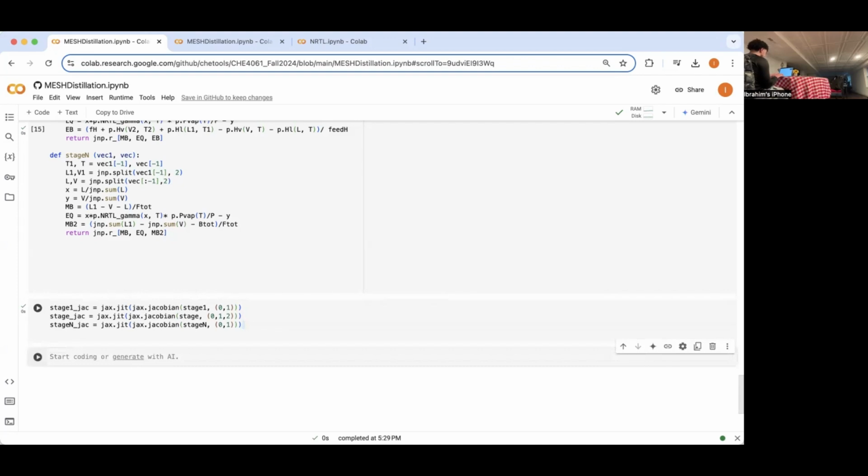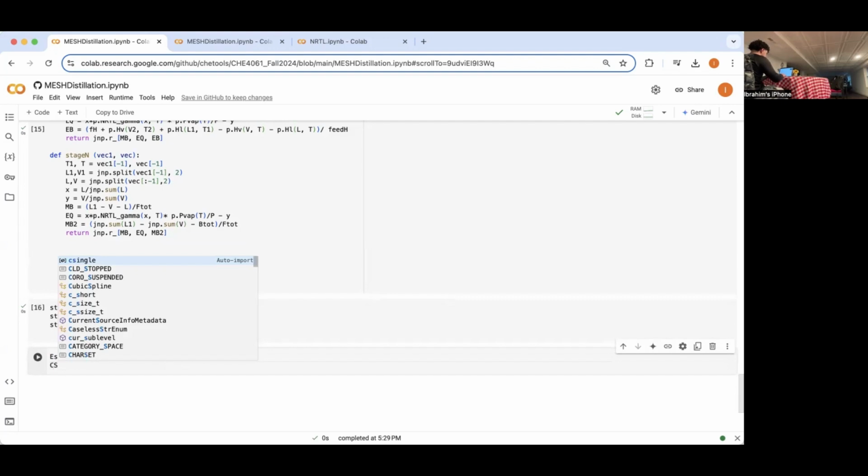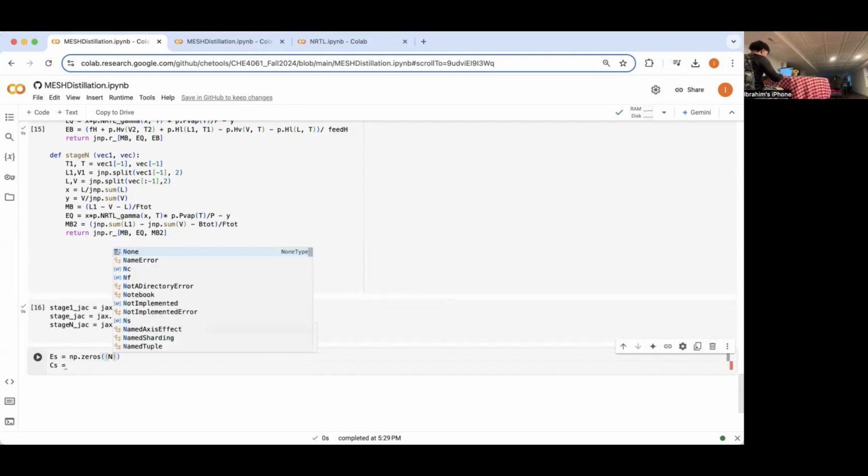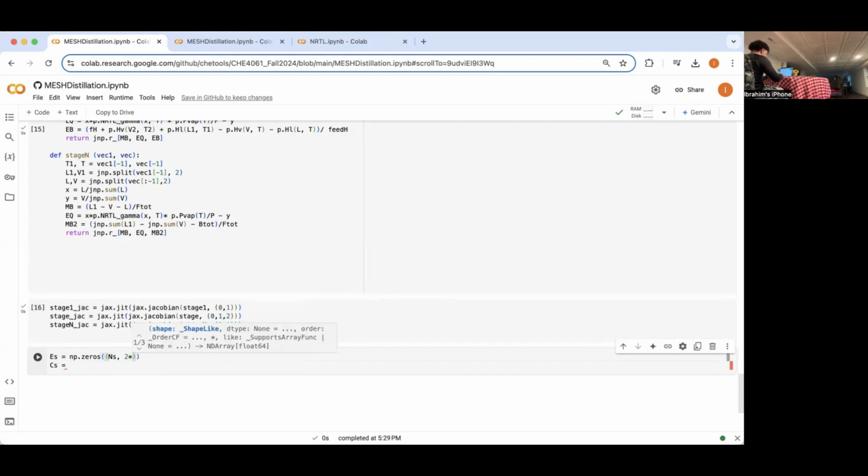So we want to go ahead and define some of our residuals. This is going to be in the form of Es and Cs. We essentially want to use our zeros function for the number of stages and our number of components. Starting with Es, let's do Es, Cs equals. For our first one, this is going to be equal to np.zeros, like I mentioned, for our number of stages and then what we used earlier, 2 times number of components plus 1.